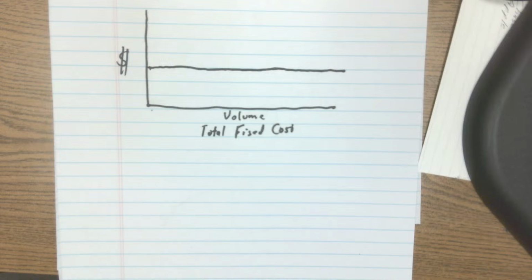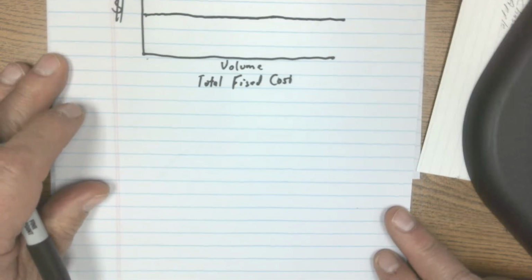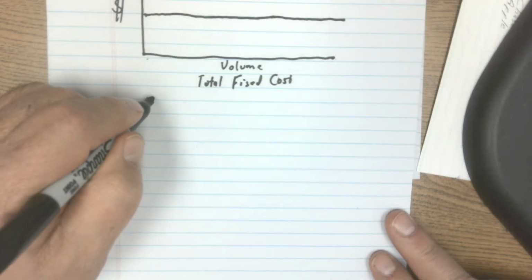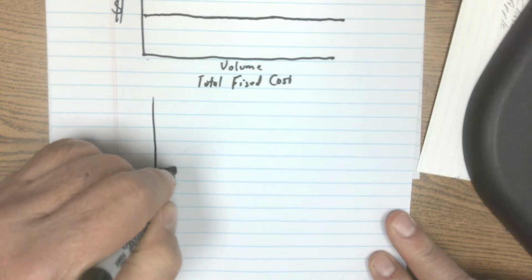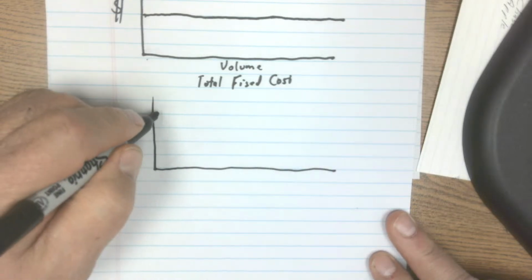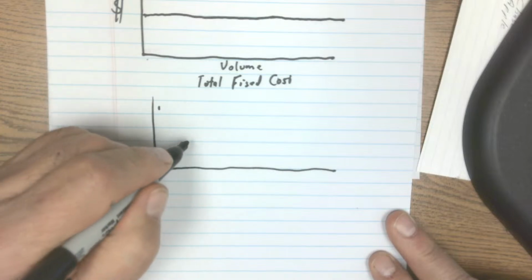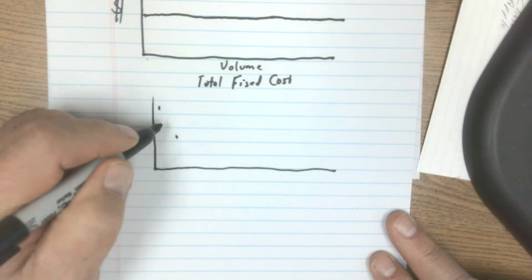Okay. But then that leads us to what does our cost per unit look like with a fixed cost? This is our total cost. Well, if I make one, my cost is here. And if I make 2, my cost per unit is halved, right?